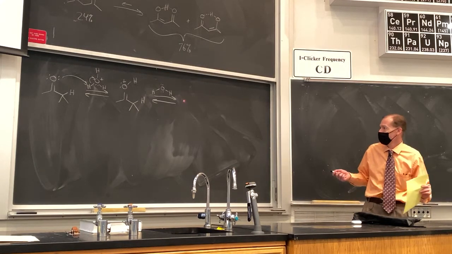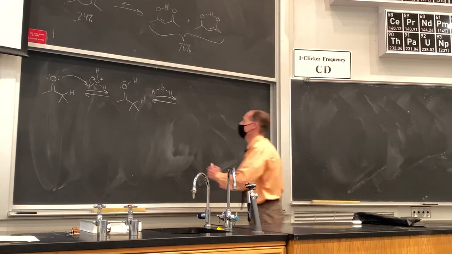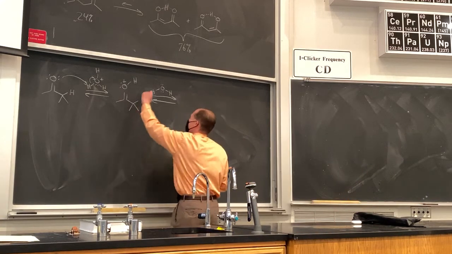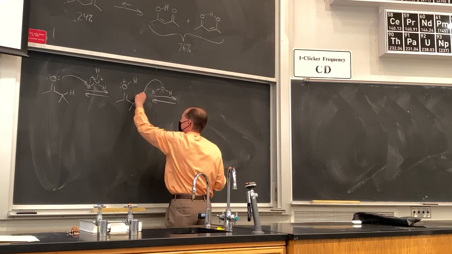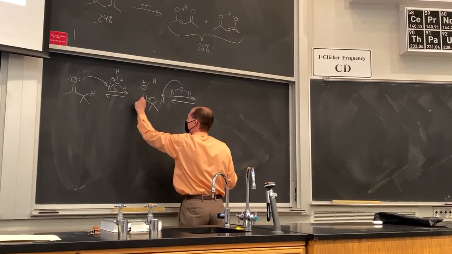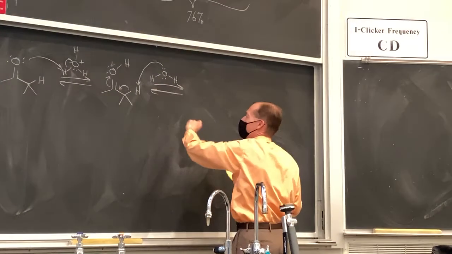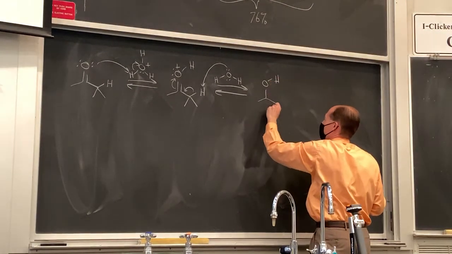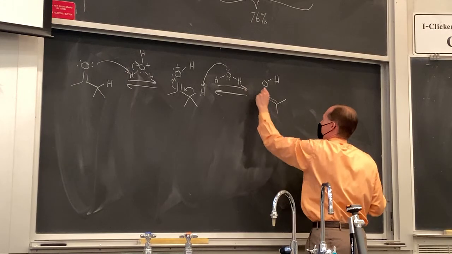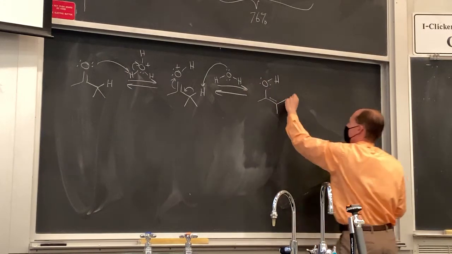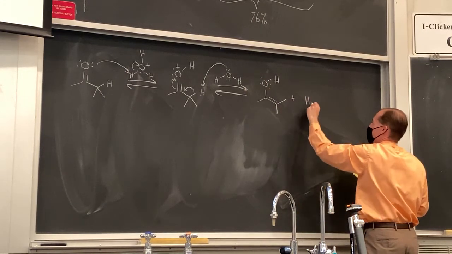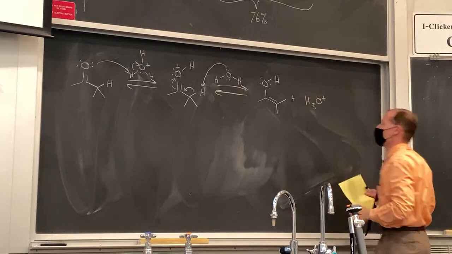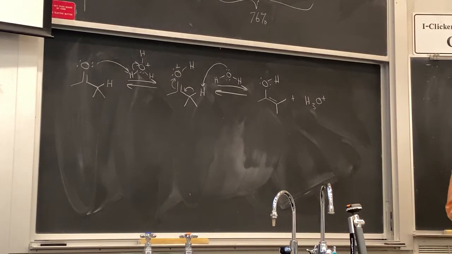Okay, so the water can function as a base, deprotonating. So we protonated first on the oxygen, and then we've deprotonated second on carbon using our water. And that forms our enol. And then it regenerates our acid. So this process is catalytic in acid.